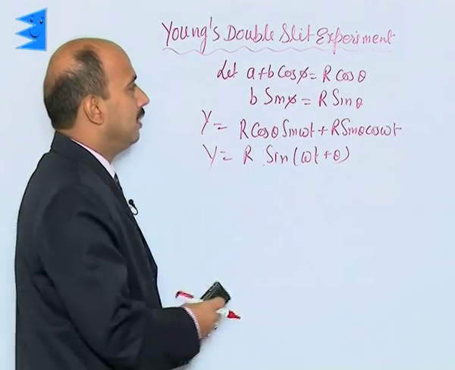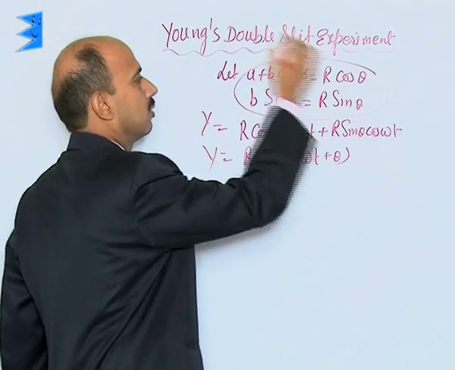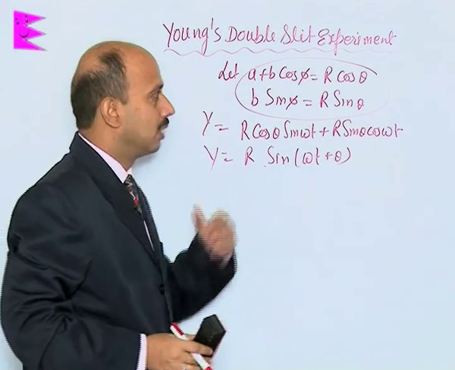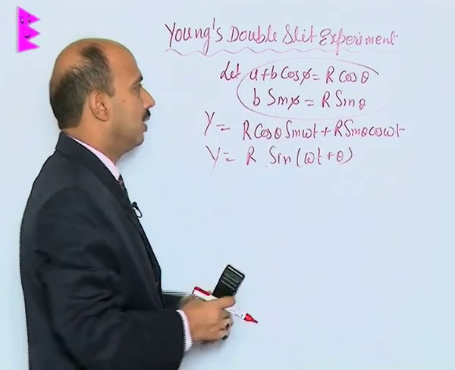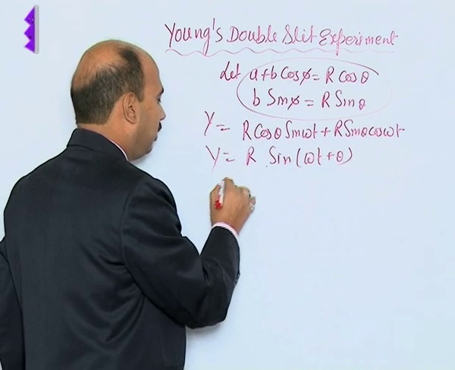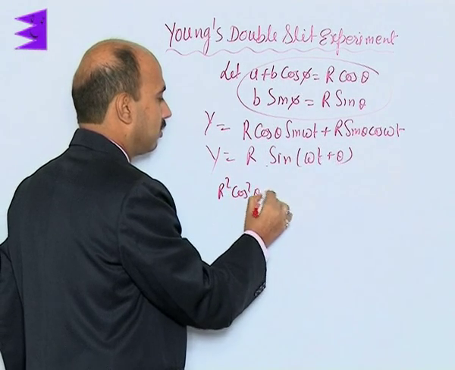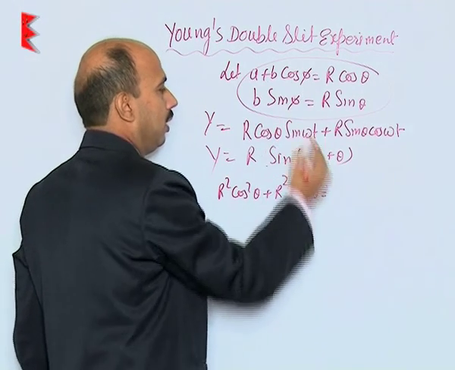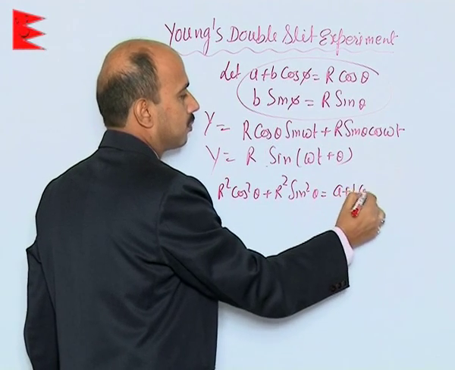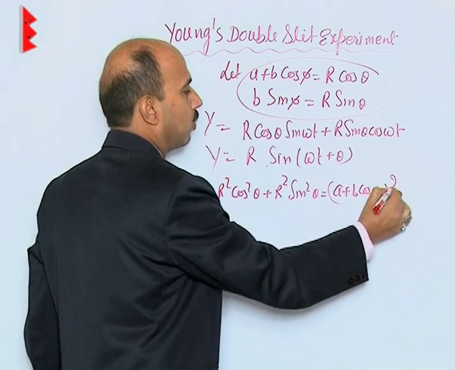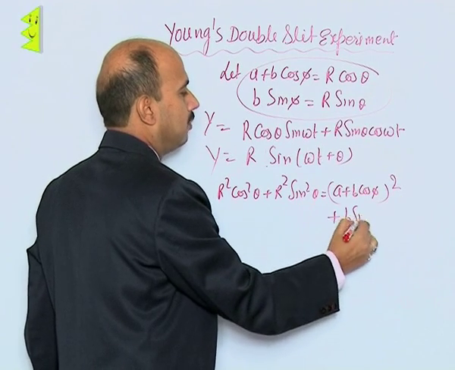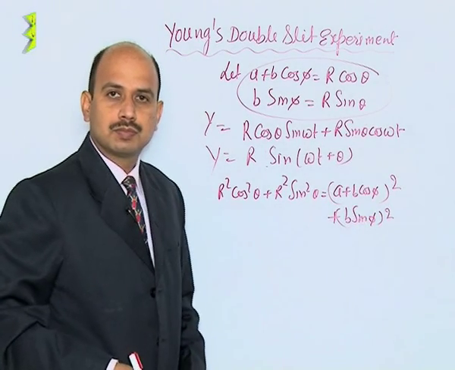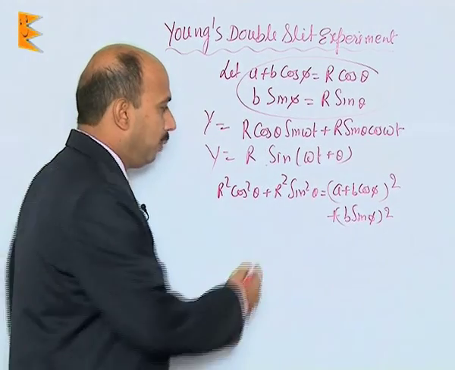But now we have to solve basically these two equations. So we square these two equations and add them. When we square these two and add them, we get r square cos square theta plus r square sin square theta is equal to a plus b cos phi whole square plus b sin phi whole square. So now we can solve it.